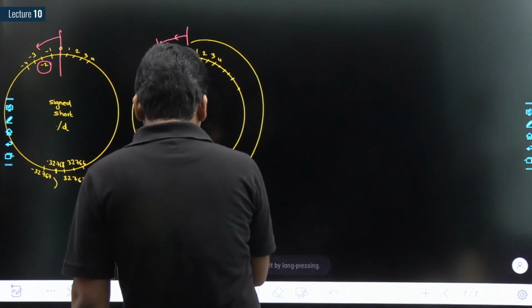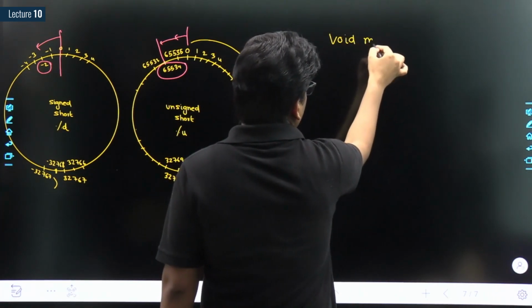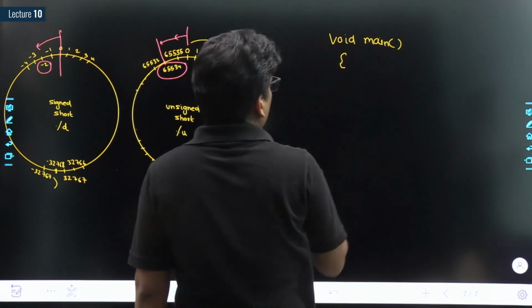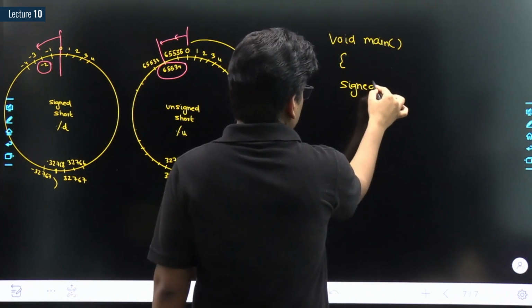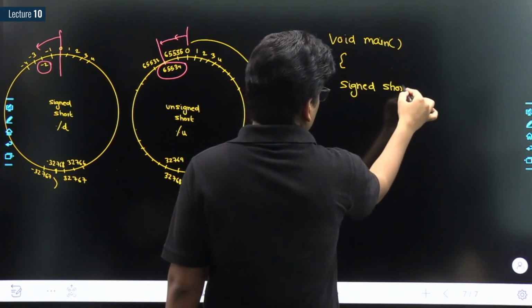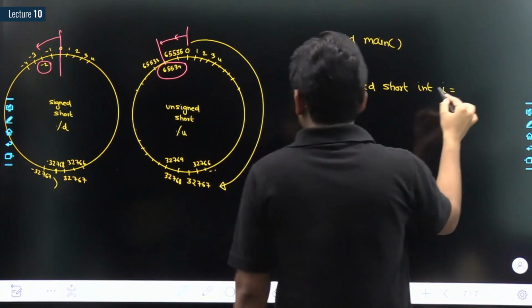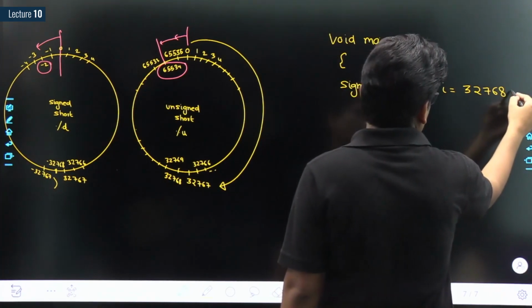Void main. Let us suppose signed short int I is equal to 32768.